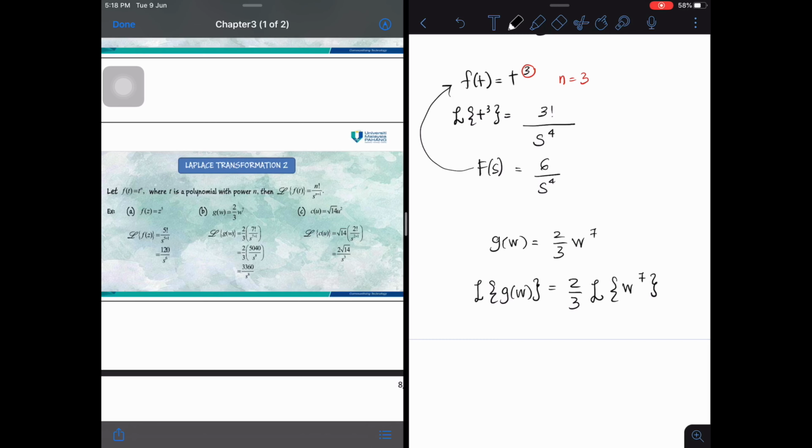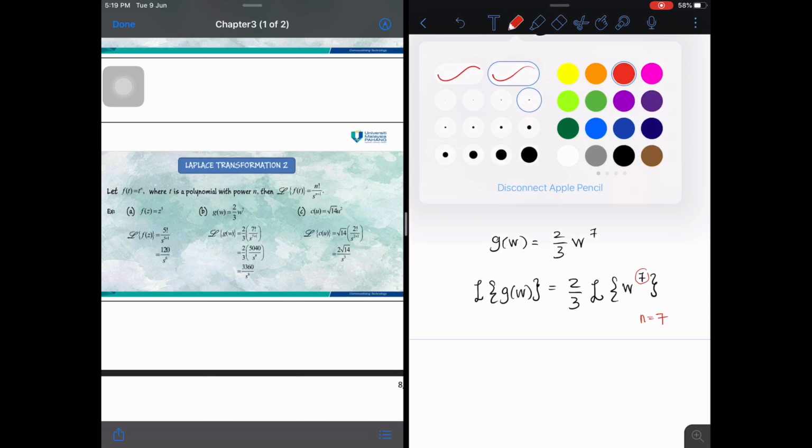Now you can say that w to the power of 7 is a polynomial with power 7, so your n here is equal to 7. To find the Laplace transformation for the polynomial, we can use the formula n factorial over s to the power of n plus 1. Therefore we just need to substitute.